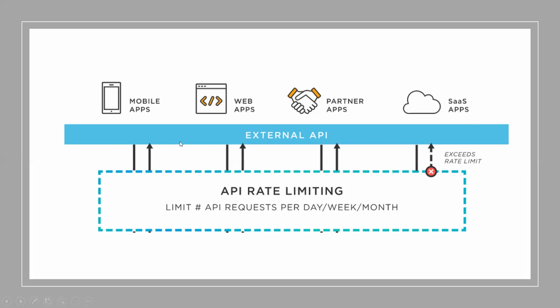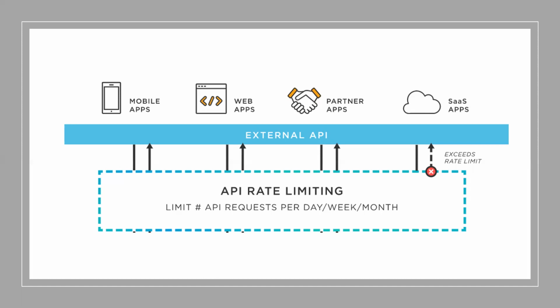I want to implement this rate limiting for SaaS apps, which invoke my API for a specific requirement and don't really require to invoke or consume the API frequently. They might consume it again only after a couple of minutes or seconds.